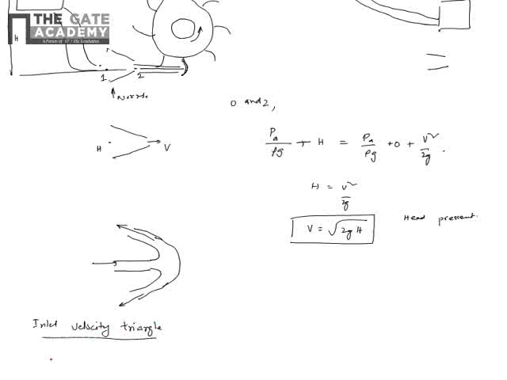Considering this point, it moves with velocity u, and the absolute velocity is V. The velocity of the blade is u. The relative velocity of the fluid with respect to the blade is also in this direction, Vr1. The resultant of u and Vr1 is your capital V. So this is your inlet velocity.